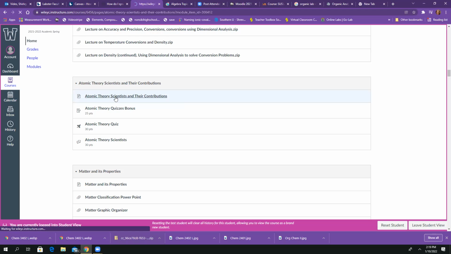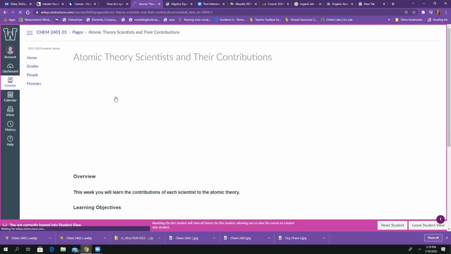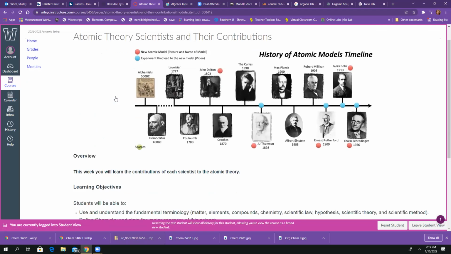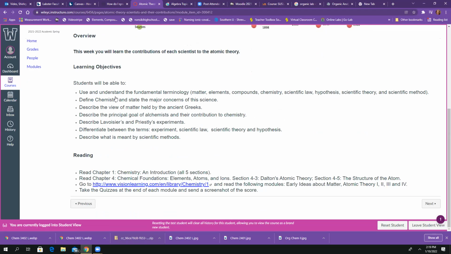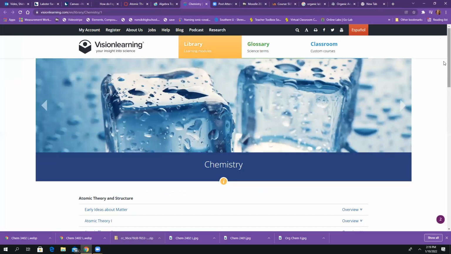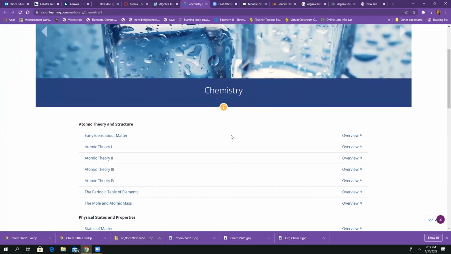So what you do is you go here and you notice it says that you will do all of this and go to Vision Learning. So if you click on that, which I'm going to do a new tab just because I can. All right. Then you're going to read these first 5 modules: Early Ideas, Atomic Theory 1, 2, 3, and 4.